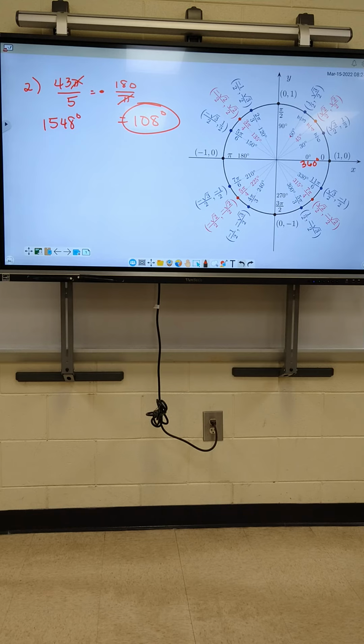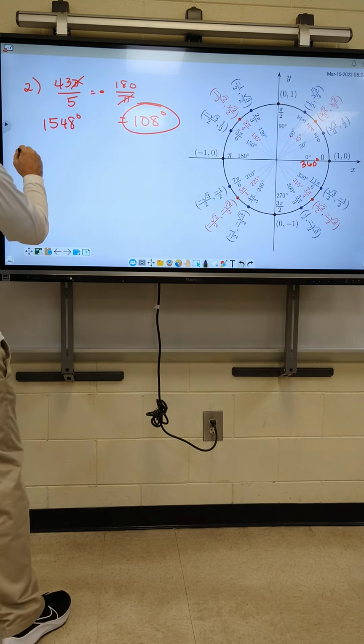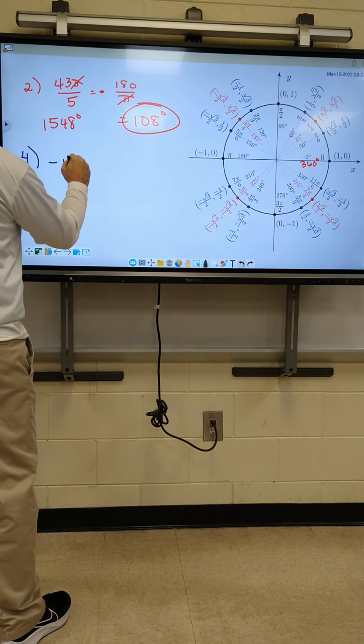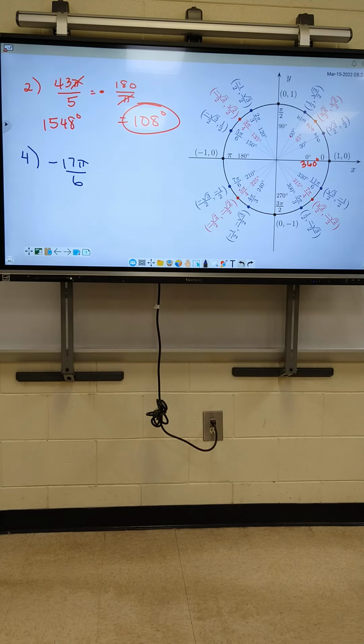All right, so y'all try number 4 now. Negative 17 pi over 6 times 180 over pi.